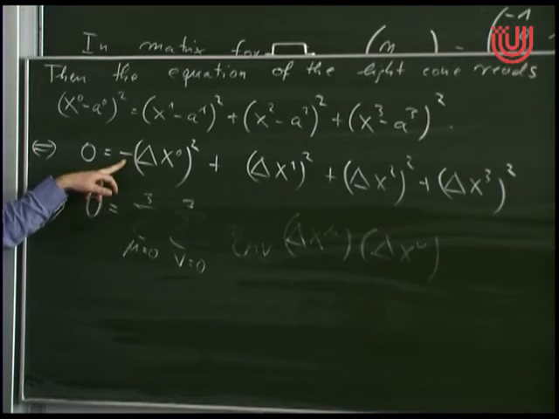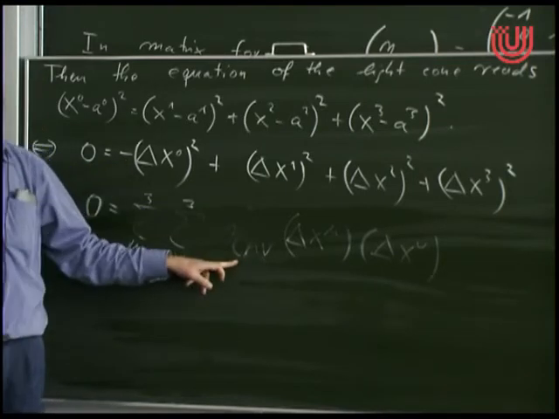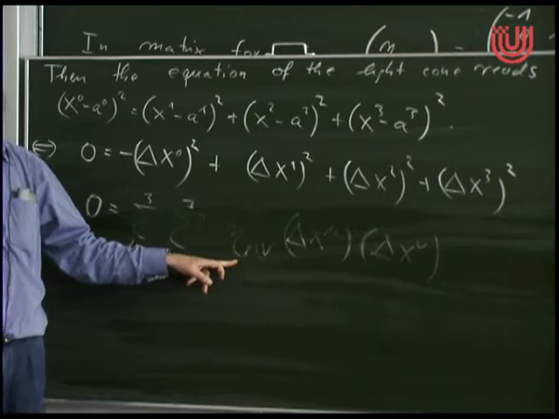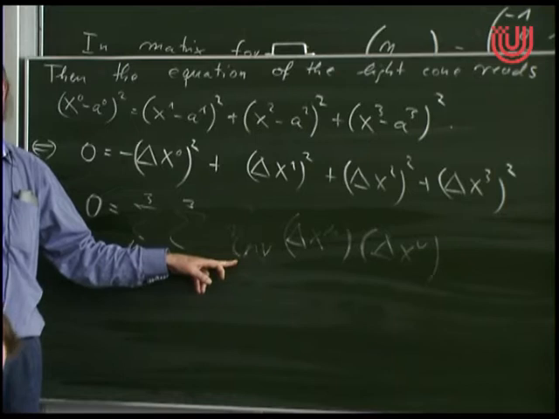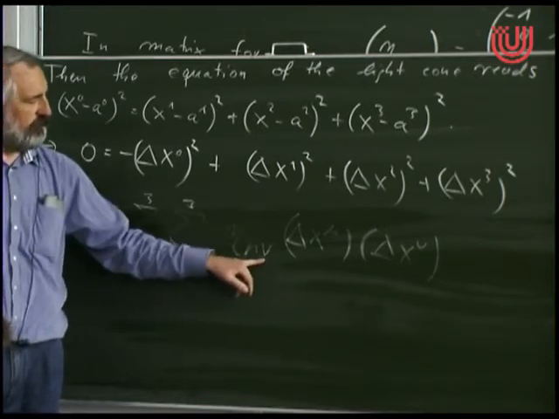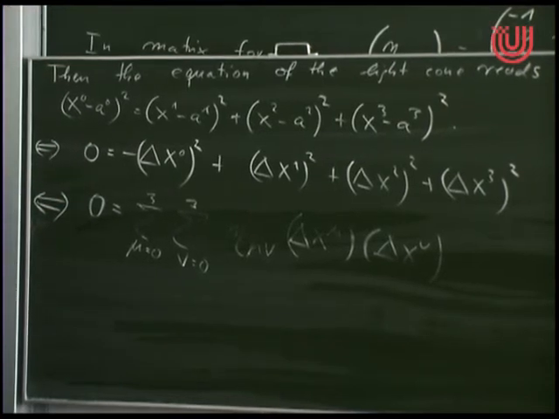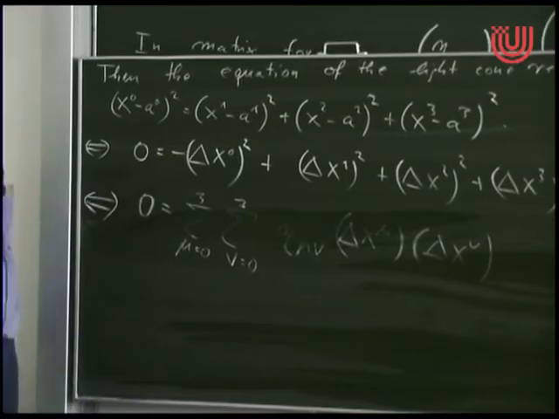For a Euclidean product, I would have a Kronecker delta here. That's the way in which you calculate scalar products in elementary linear algebra, in Euclidean coordinates. Here we have this minus sign, which gives this completely different geometry. We get a cone instead of spheres, hyperspheres, right? So one of the dimensions is distinguished from the others.